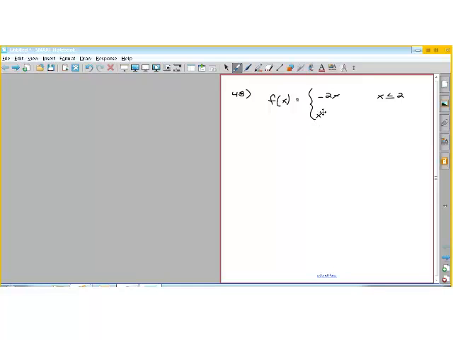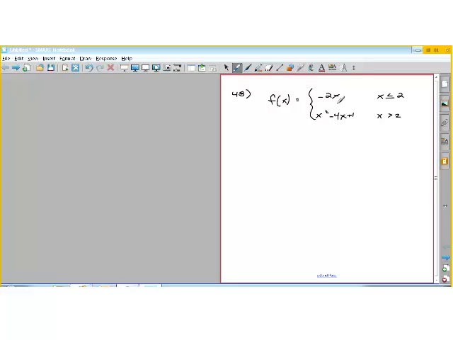So what we're looking at here is two functions that are joined somehow or another. We don't know exactly what they're like, but they're both polynomials.